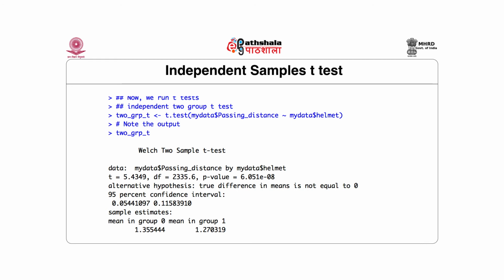We are also going to assume that people who were wearing a bicycle helmet would be justified to pass by the cars at shorter distances than those who are not wearing helmets, because if you wear a helmet, then you can afford to do that. That's the kind of statement that we would like to make here.